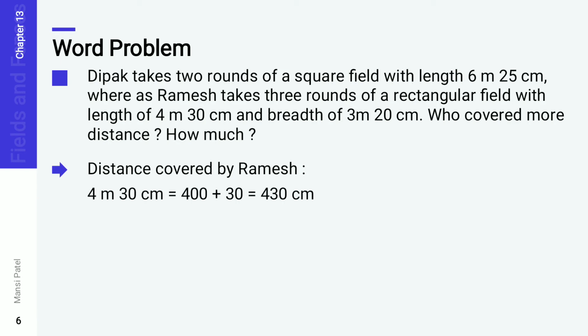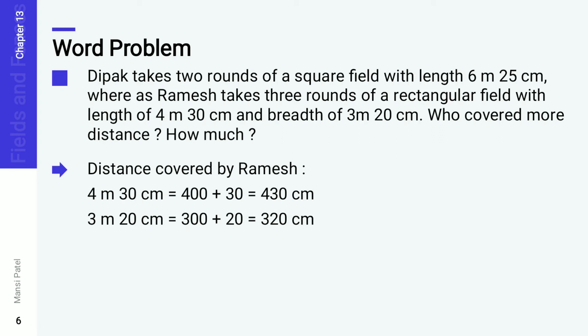So 4 meter and 30 centimeter: 4 meter is equal to 400 centimeter plus 30 centimeter is equal to 430 centimeter. And 3 meter and 20 centimeter: 3 meter is equal to 300 centimeter, so 300 plus 20 is equal to 320 centimeter.